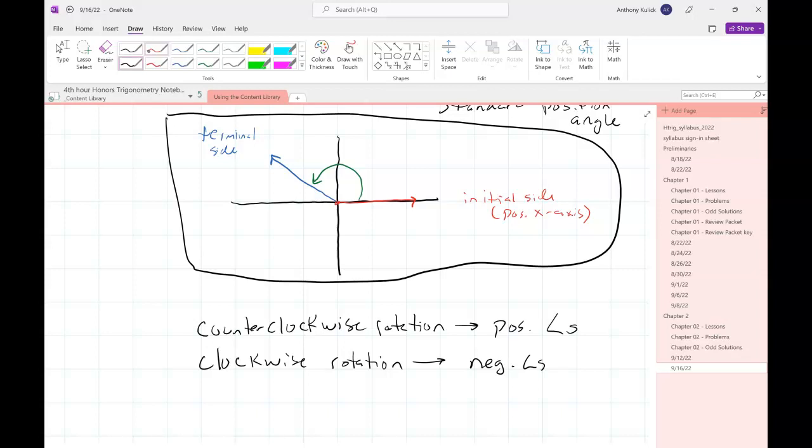Is everybody okay with what we've done here? So now we've extended the angles that we can draw geometrically from 0 to 180. That was the old size of angles we could draw, right? Using this, we can now draw angles from negative 360 to positive 360. Everybody okay with that?